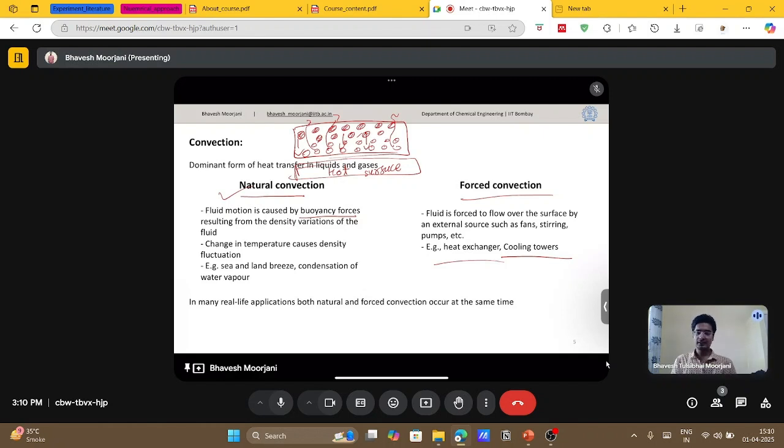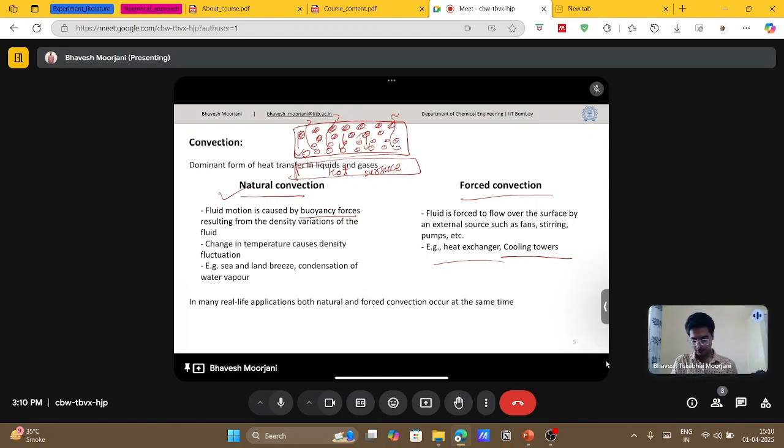As chemical engineers, we deal with both natural and forced convection, and many real life applications include a combination of forced plus natural convection. So the cooling tower, as I said, is the best example you can consider.